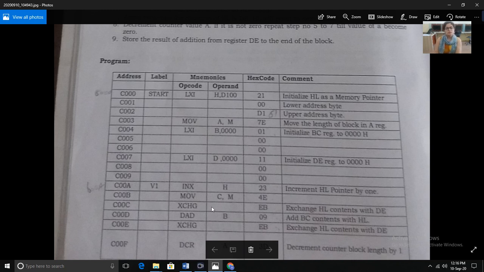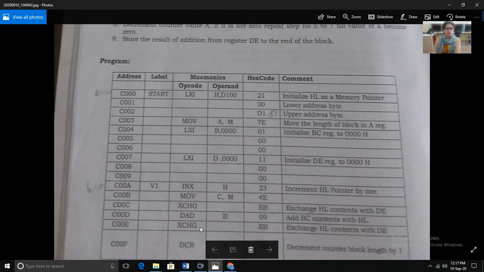This instruction will exchange the contents of HL with the DE register pair. This is the hex code of the exchange instruction. Now DAD B, this instruction will add the contents of the BC register pair with the HL register pair, and the result will be stored back in the HL register pair.